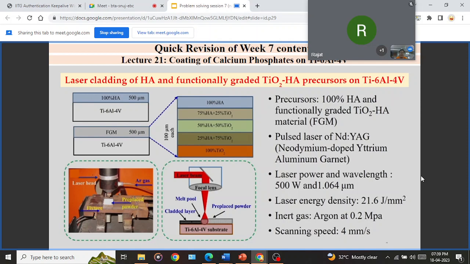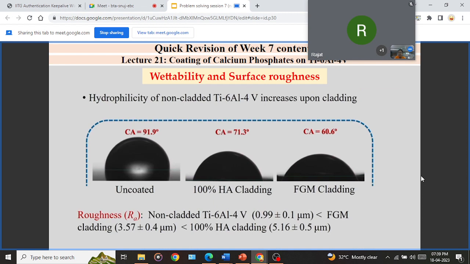The laser power and wavelength are around 500 watt and 1.064 micrometer respectively, and the laser energy density is around 21.6 joule per millimeter square. The inert gas used here is argon at 0.2 megapascals, and the scanning speed is 4 millimeter per second.